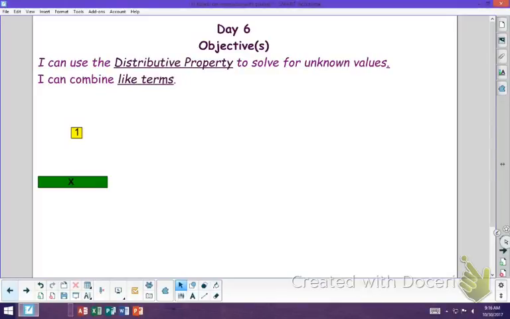Okay, today we're talking about the distributive property and being able to combine like terms. When we're using the distributive property, if I said to you, model this on your placemat, what would you do?